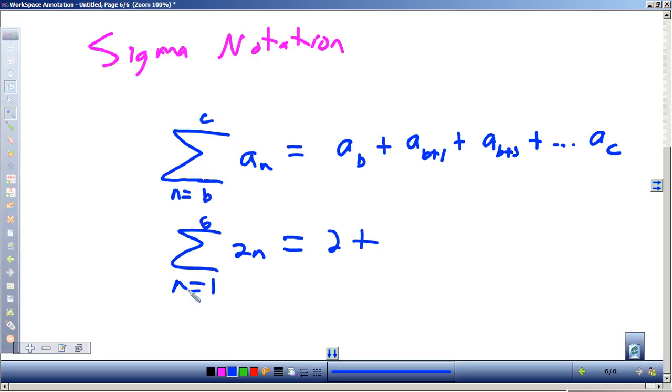So 4 plus 6 plus 8 plus and so on. And we stop at 12 because that's where n equals 6. So this is where we're starting, this is where we're ending. And because it's sigma, it's saying we're adding it together.